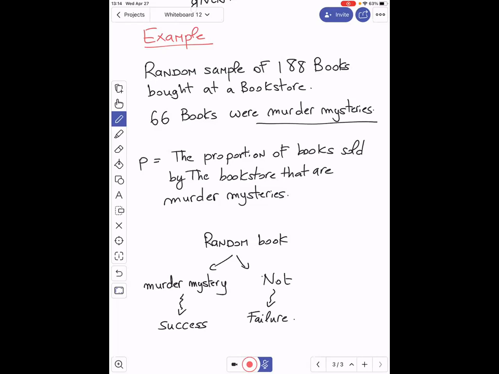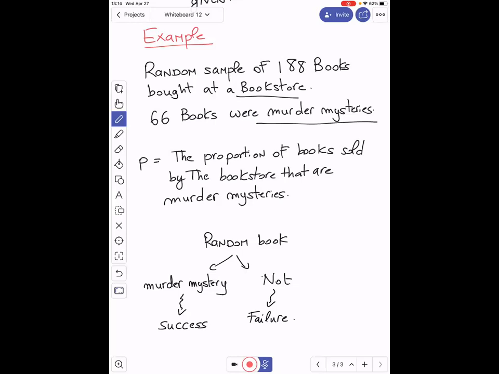Now, when you go to this bookstore and you pick a random book, what's the probability that the book is actually a murder mystery? Well, we don't know. It's not given here. You don't know the percentage or the probability that the book is a murder mystery.